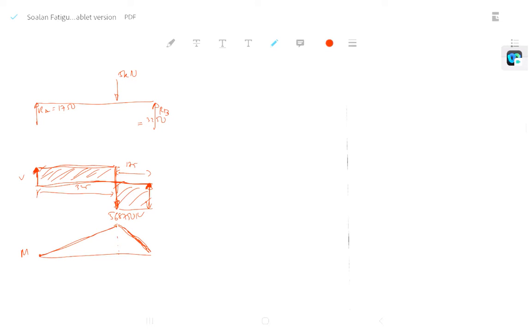Okay, so this fillet is 32 times moment at the fillet over pi d cubed, which is 32 times 3050 divided by pi, and the diameter of the shaft, the smaller shaft.